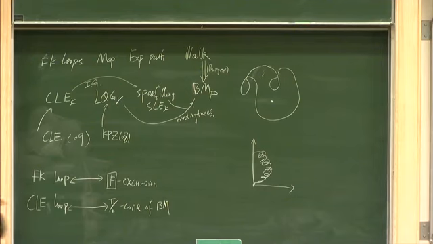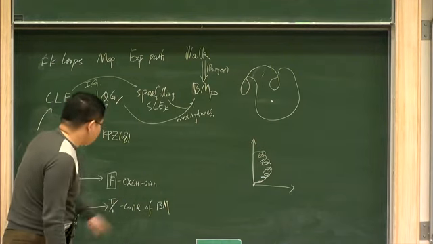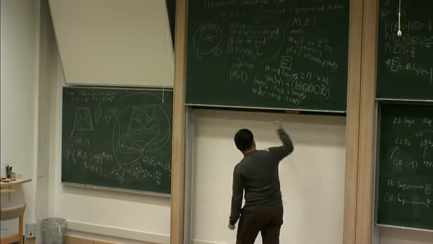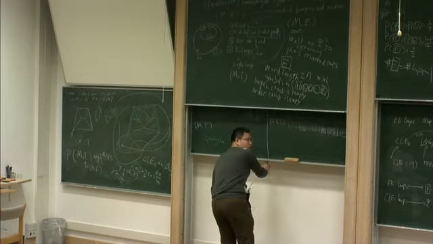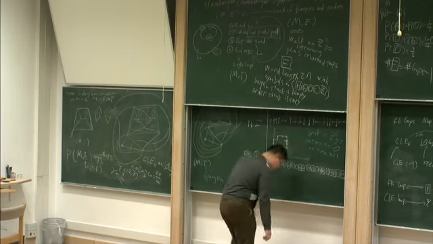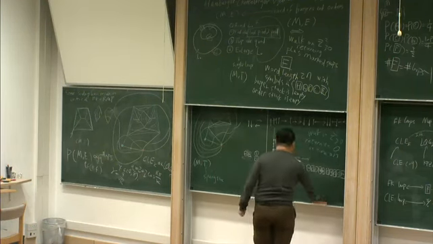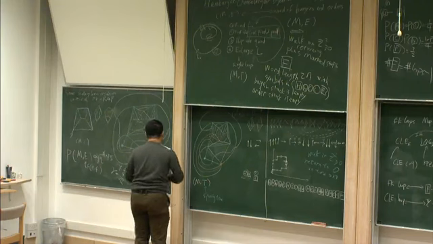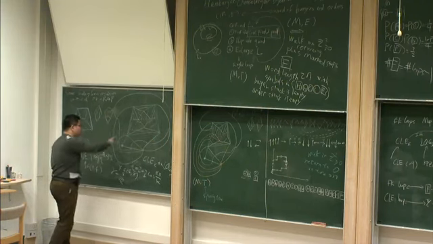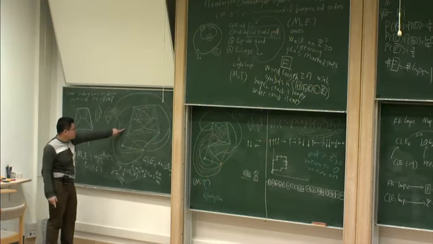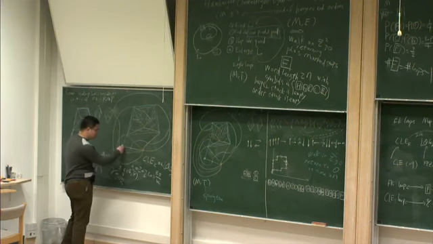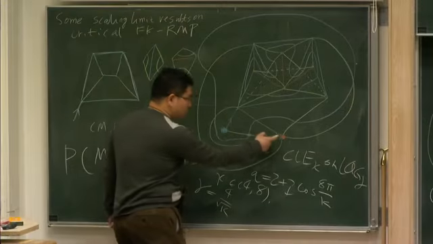Okay, so what I mean by F excursion. Let's look at this picture. In this picture, this is a route and this is a dual route.